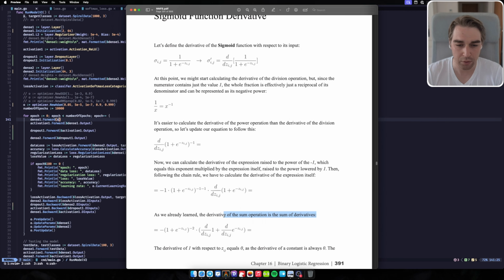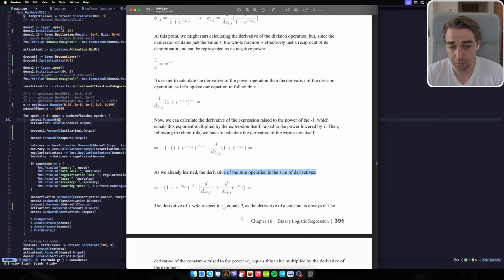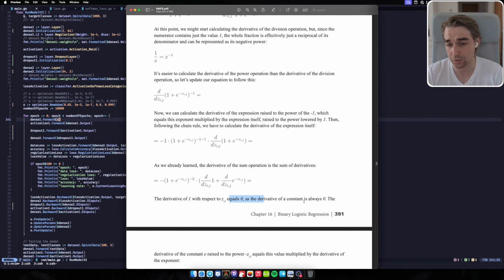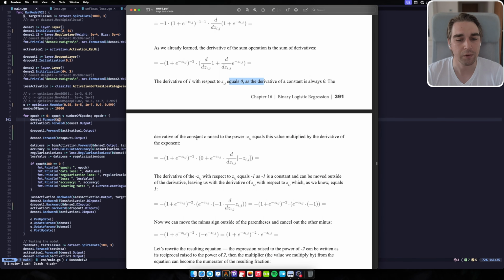So the derivative of the sum operation is the sum of the derivatives. So that will turn into 0, and then we need to calculate this one. The derivative of 1 with respect to z equals 0, as the derivative of constant is always 0. The derivative of the constant e raised to the power of minus z equals this value multiplied by the derivative of the exponent. So we have this as we calculated before, that turned into 0.